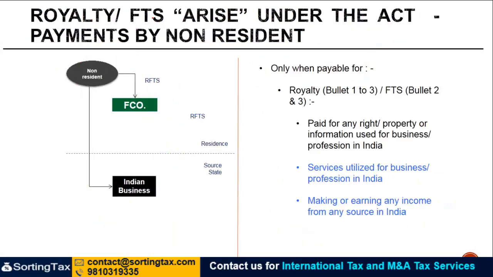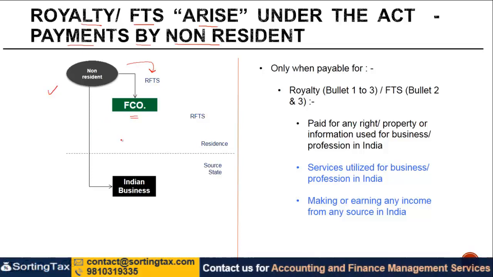And the third and the final one is royalty or FTS arising in respect of payments by a non-resident. So suppose there's a non-resident, he makes a payment of royalty or FTS to another foreign company. Even though it is a payment between two non-residents, even this can be deemed to arise in India, right?